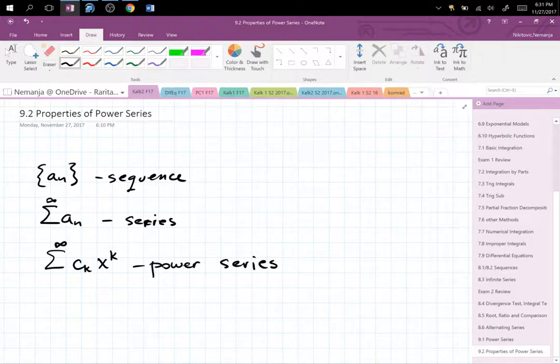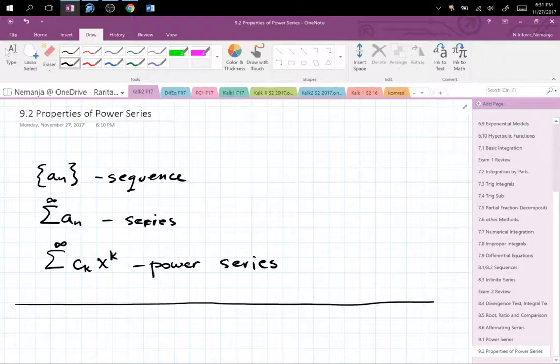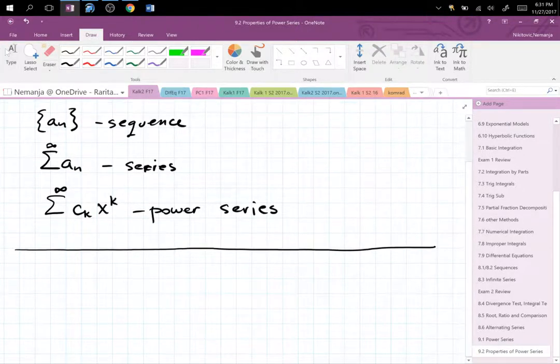I also mentioned very briefly that power series convergence doesn't only depend on the shape of the power series, but also on the value of x. By simply altering x, you can make a power series converge or diverge.